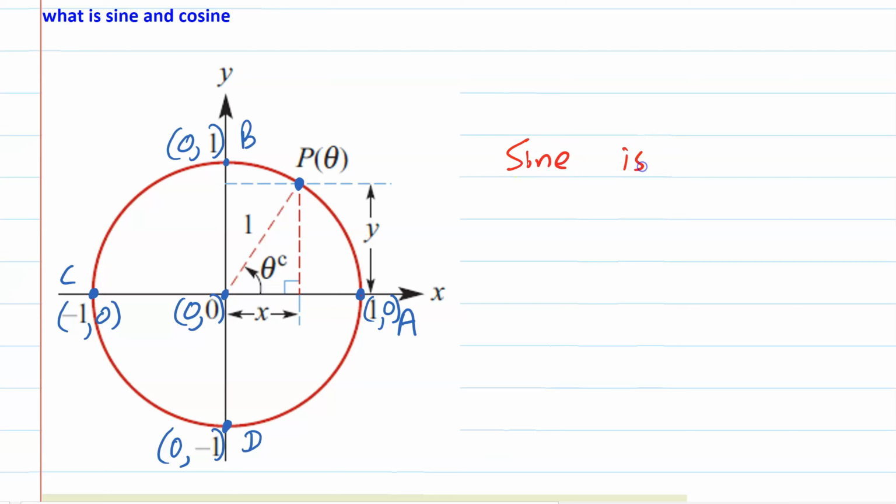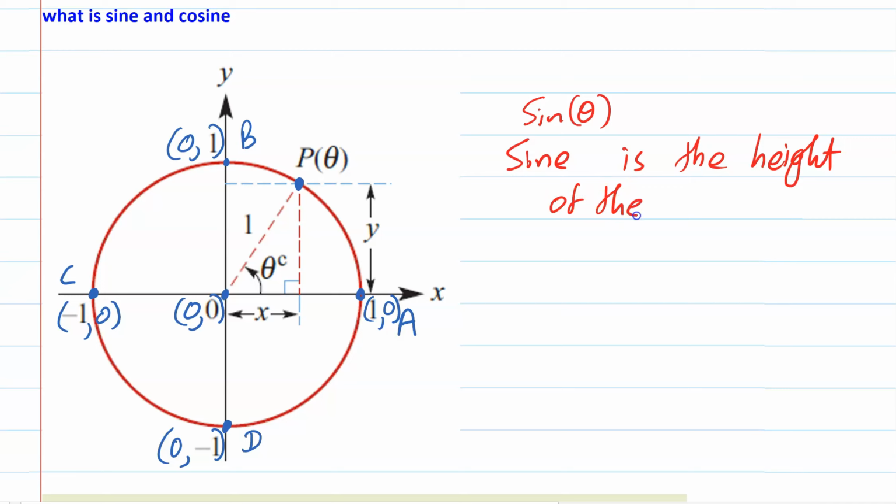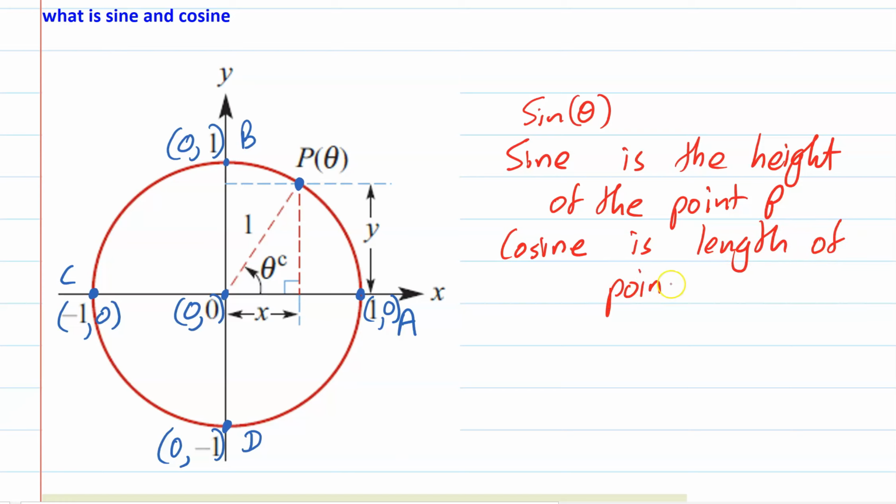Sine, we call it sine theta, is the height of the point P. Cosine is the length of the point P. In this case, length means the horizontal length, the x value.